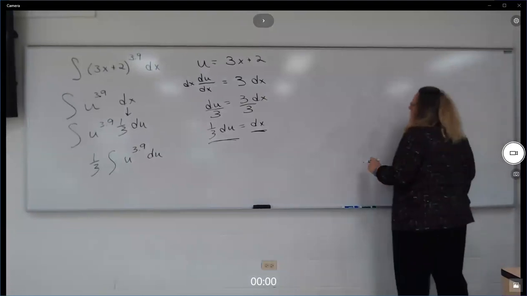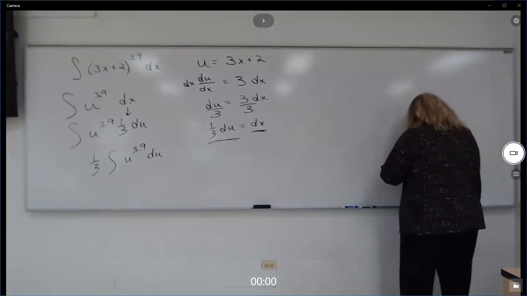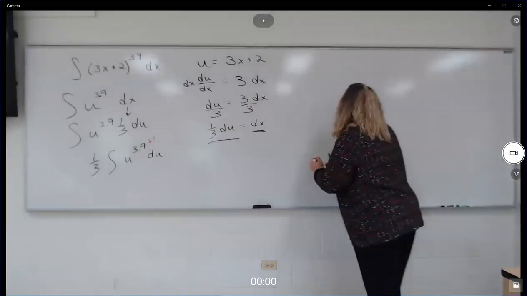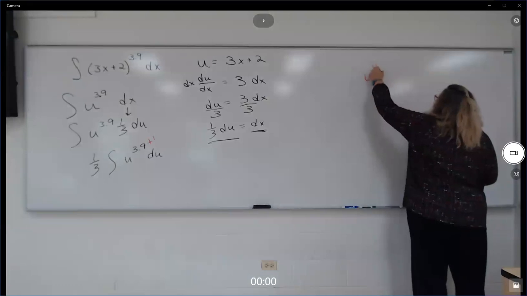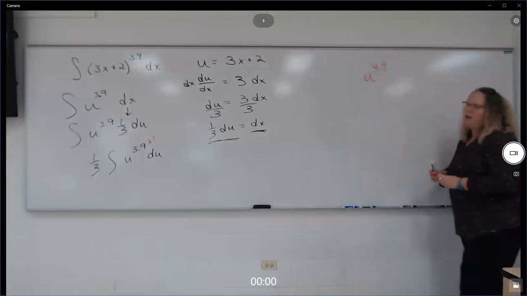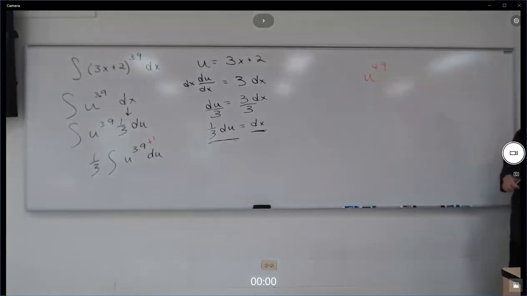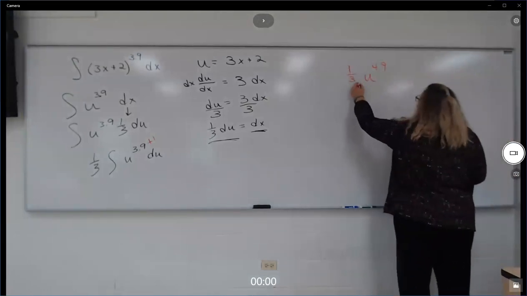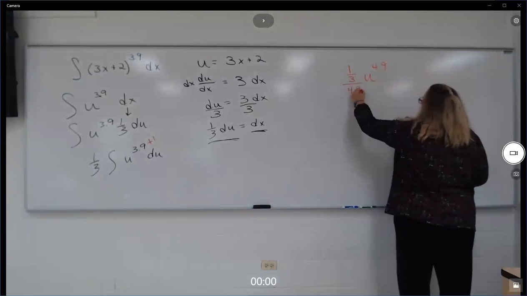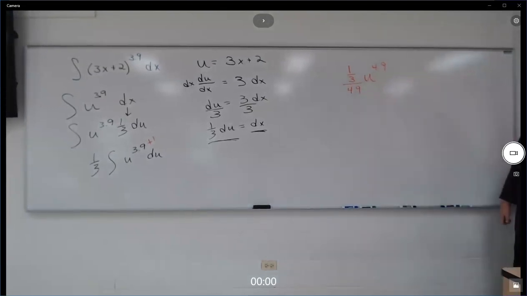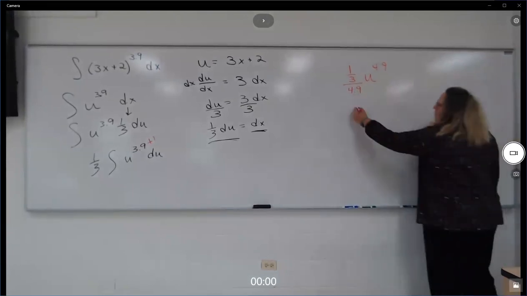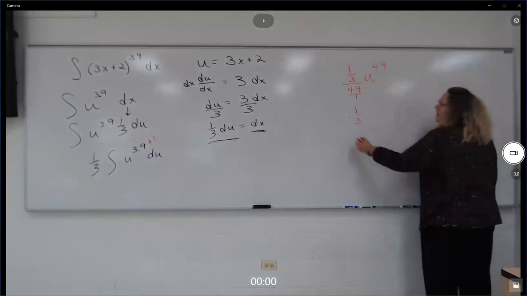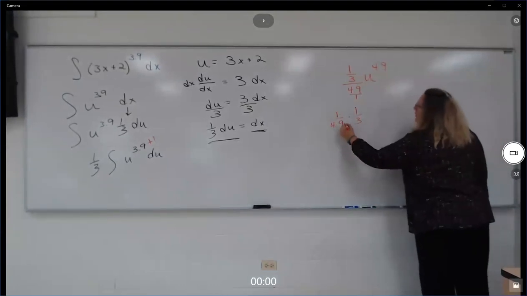Add 1, divide by the new. Add 1 takes us to 4.9. And then divide by the new. So we've got 1/3 divided by 4.9. You could do that with a calculator. 1/3 times the reciprocal is 1/4.9.